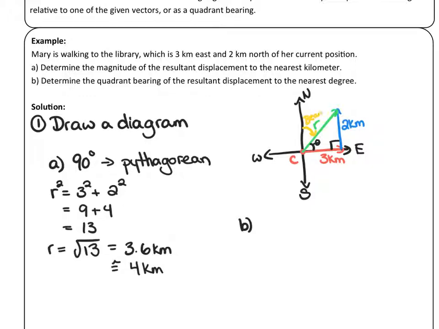So this is our bearing. So let's find the angle, and we're going to do that using trigonometry. I know these two sides, which if we go back to trig, this was the opposite and this was the adjacent. So I can use tan of the angle is equal to the opposite over the adjacent.